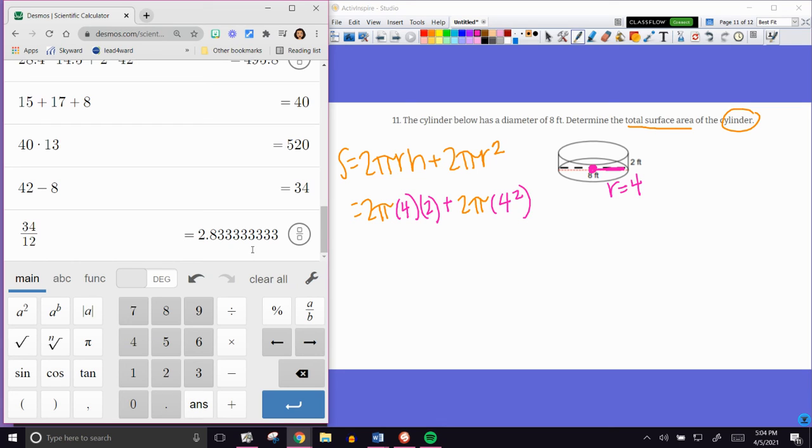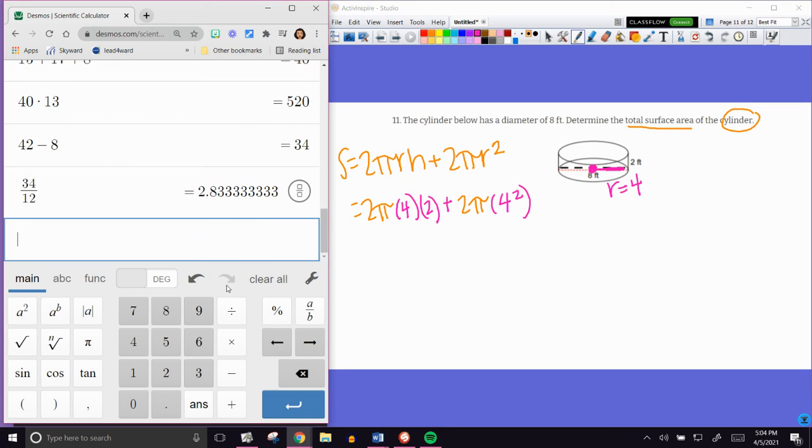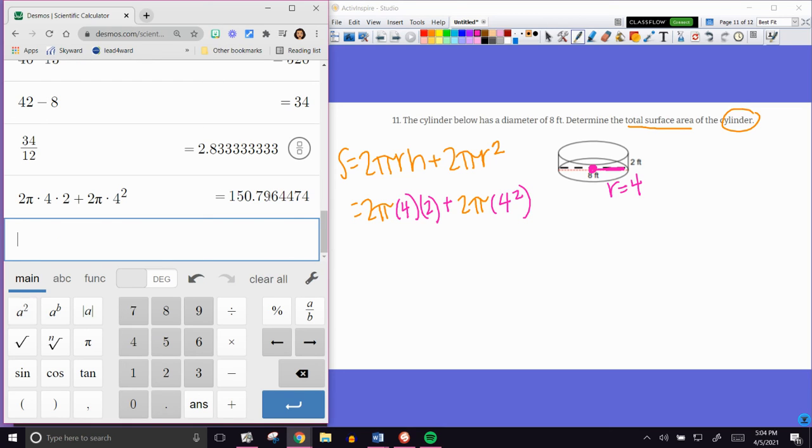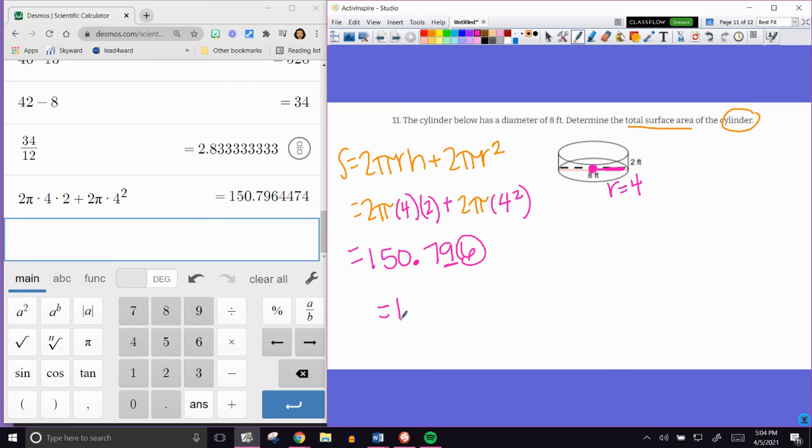So when we type this in, 2 pi times 4 times 2 plus 2 pi times 4 squared, we get 150.796, but remember we rounded up, so our answer should be 150 and 8/10 feet squared.